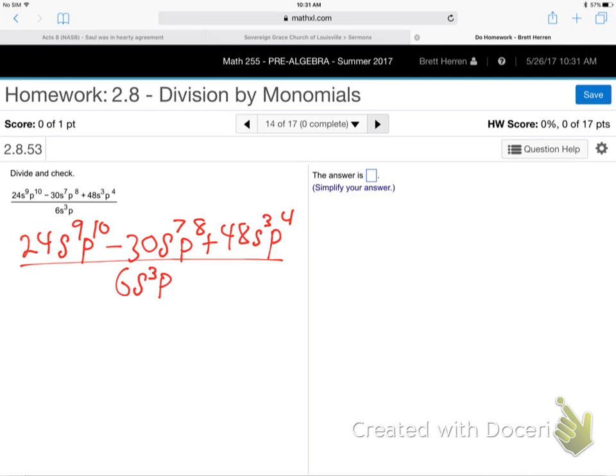All right. There it is. There's a big one. So make it 3 separate fractions. Three separate fractions. Then divide the numbers, subtract the powers.